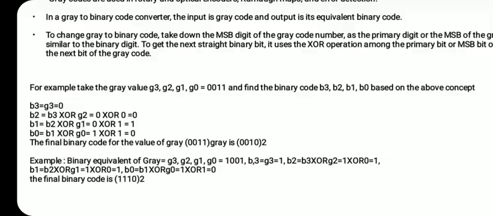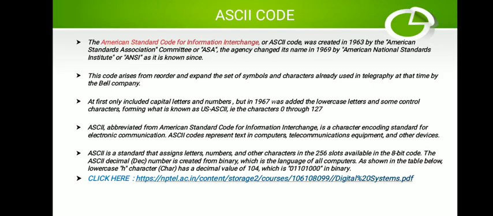Now the last type of coding is the ASCII code. ASCII is a very important type of code, known as the American Standard Code for Information Interchange. It is also called an alphanumeric code. Now we have seen in coding why the code word is necessary for the binary digit: to represent, to store, and for easy transmission and reception.